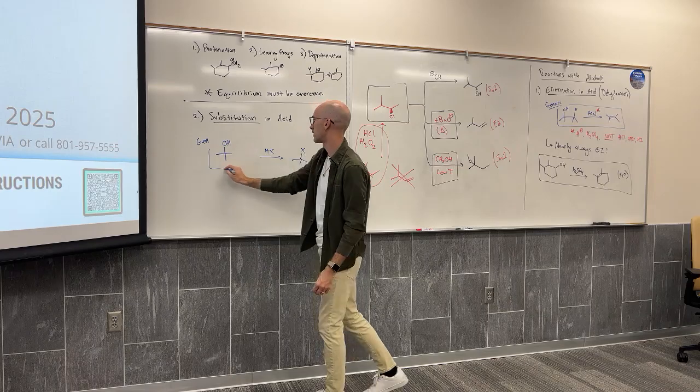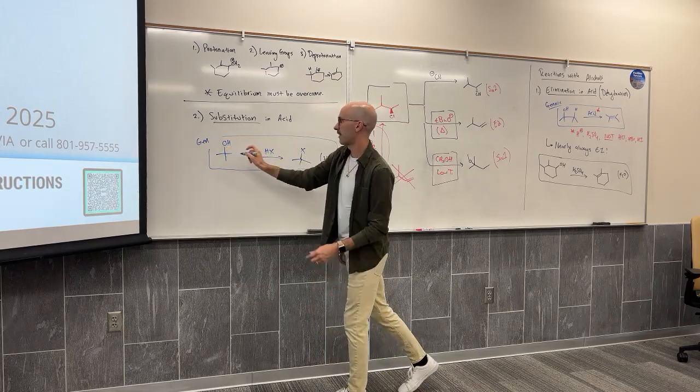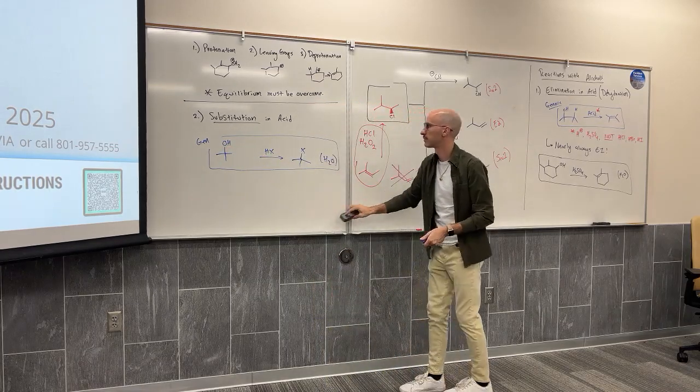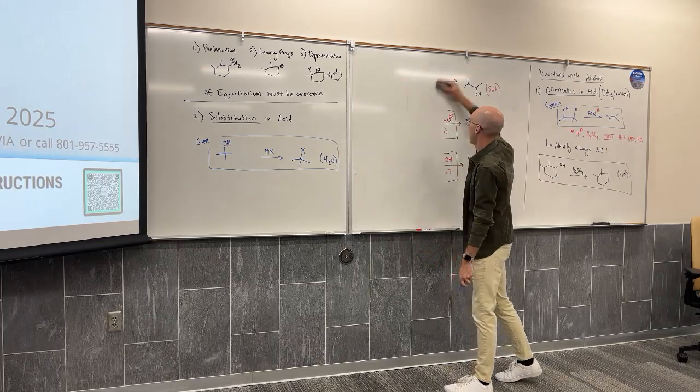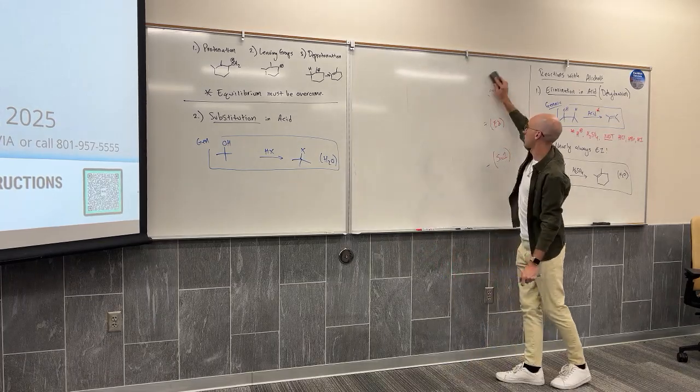So in my generic example, I've got this alcohol, reacts with HX, and at the end, I get an alkyl halide.